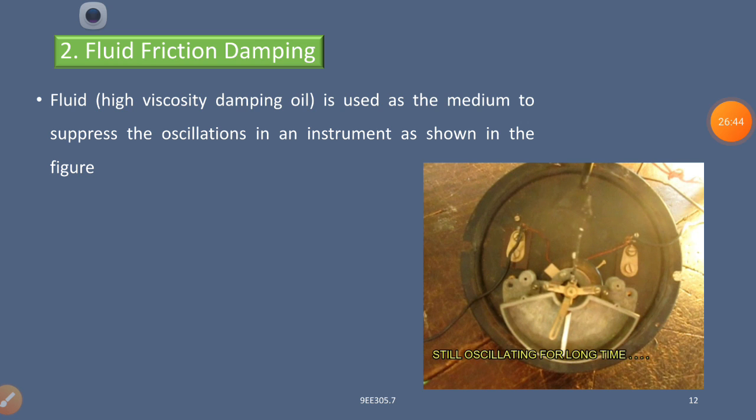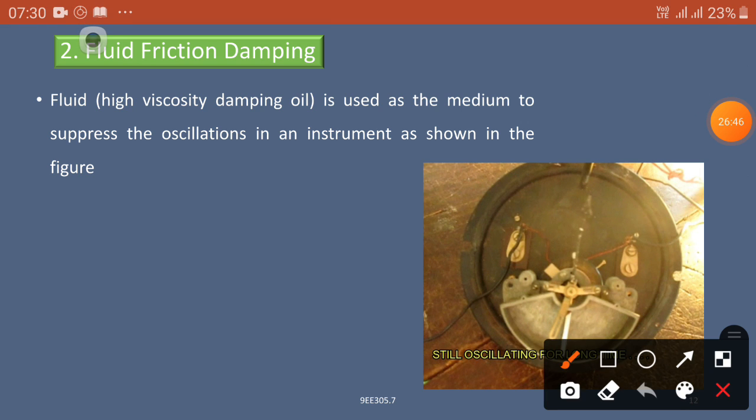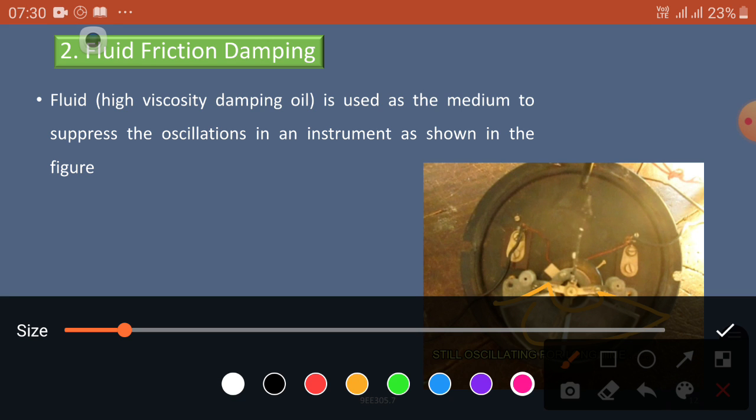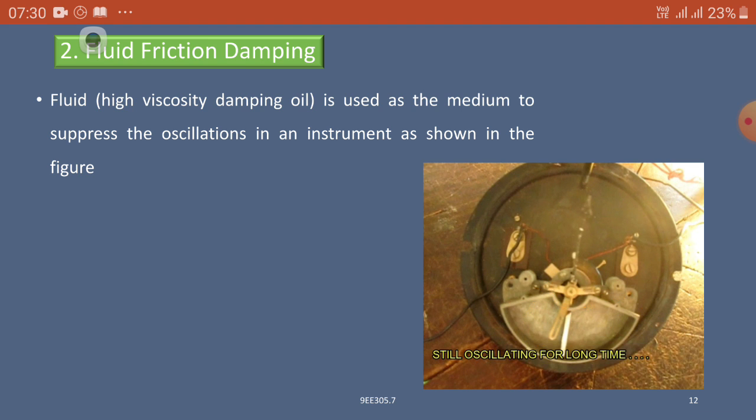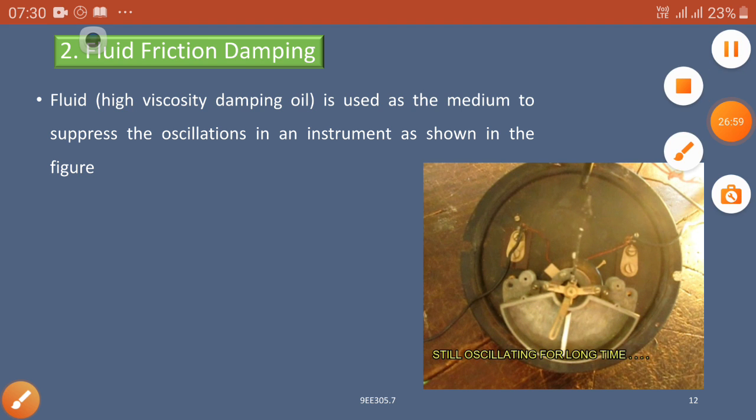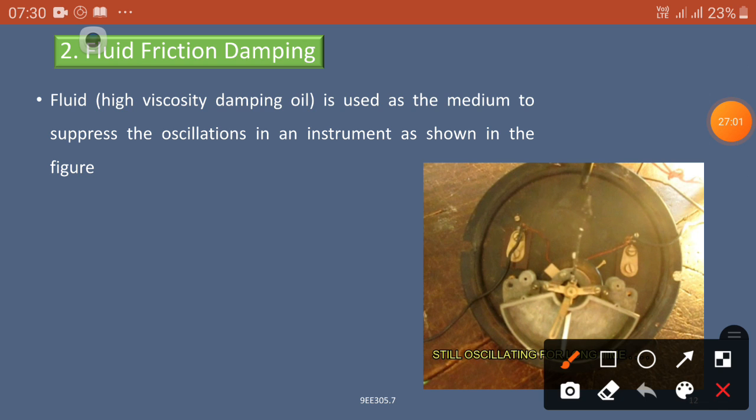Now you can see a practical example of damping instruments. One instrument here has a chamber, you can observe here. So this is one example of fluid friction damping.